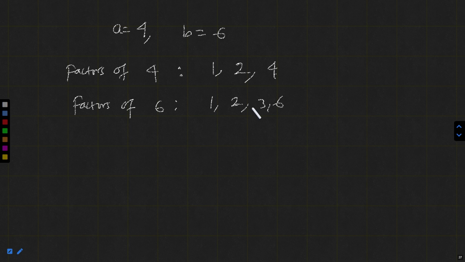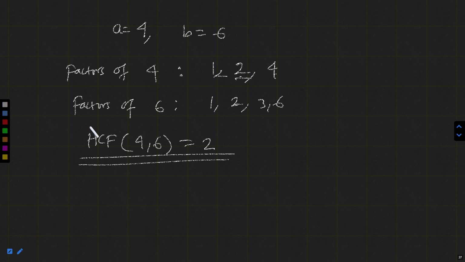Among them, which factors are common in both? 1 and 2 are common in both. So here the highest common factor is 2. So the HCF of 4, 6 is equal to 2.